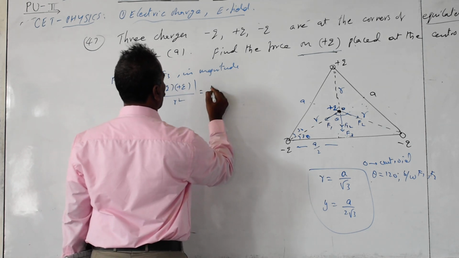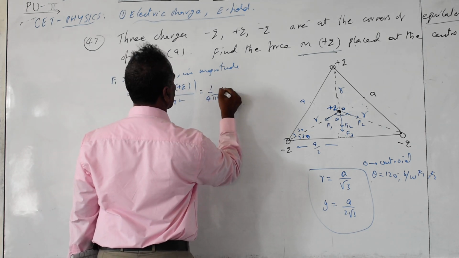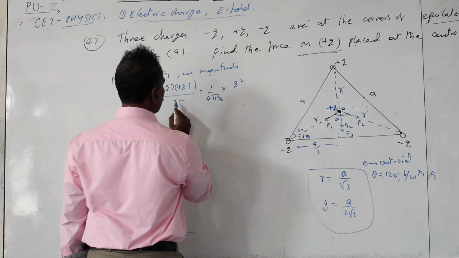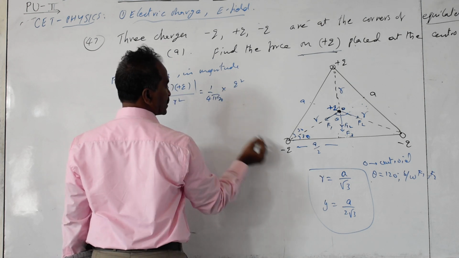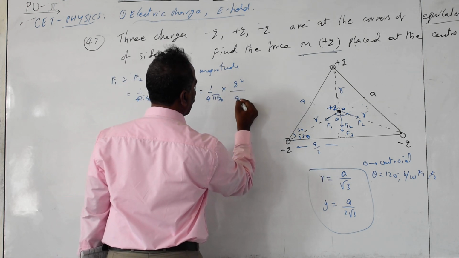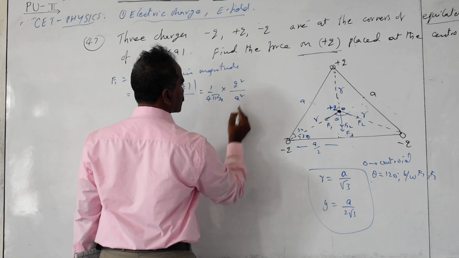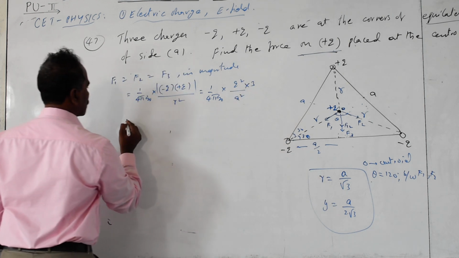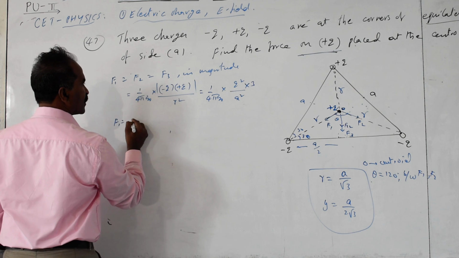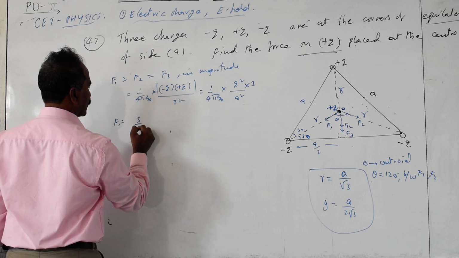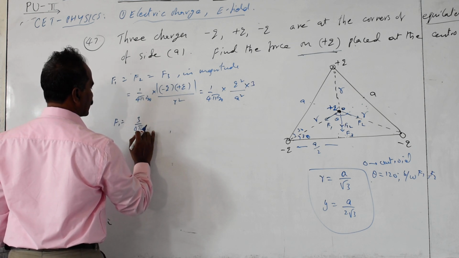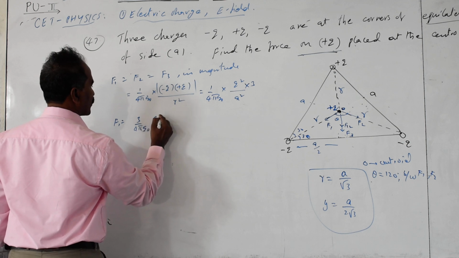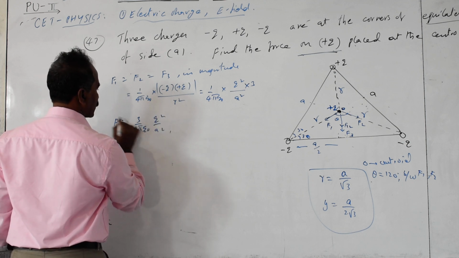This is nothing but equal to 1 by 4 pi epsilon naught into Q square magnitude by distance square, means a square by root 3. Root 3 square becomes equal to 3. That means this becomes equal to 3 by 4 pi epsilon naught into Q square by a square. This is not the answer.